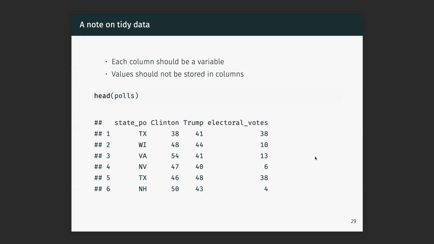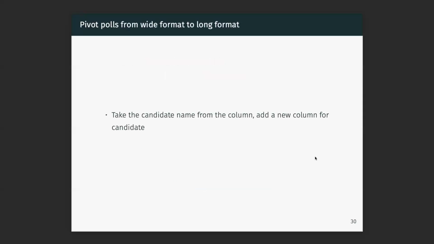So we want to collapse the Clinton and Trump columns into a single numeric column and then a single character column that names the candidate. So we're going to take the candidate name from the column and add a new column for candidate. This structure will match the structure of the results data frame.